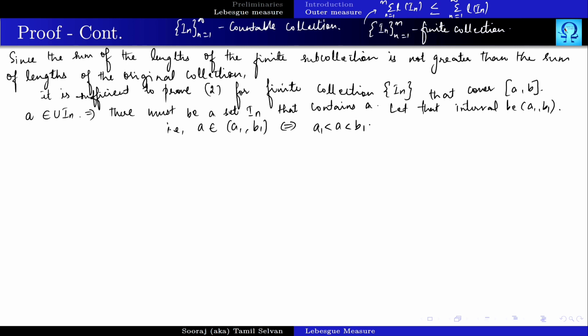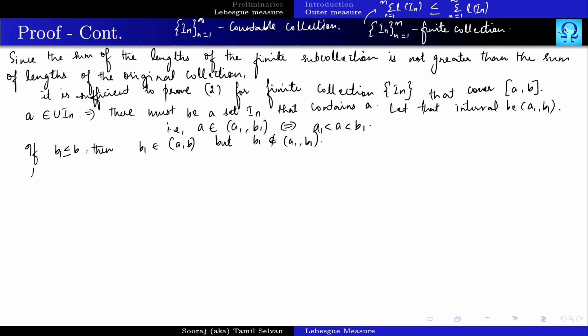Now, if b1 is smaller than or equal to b, we may consider equality as well. Then b1 must be a member of [a, b], but b1 cannot be a member of (a1, b1).